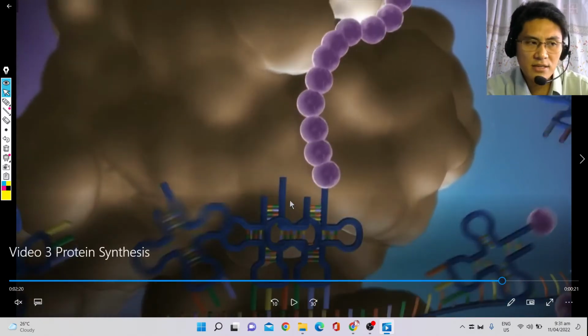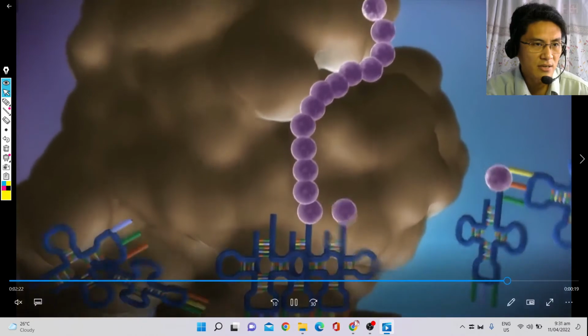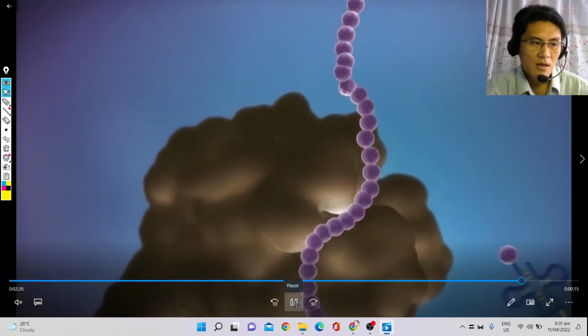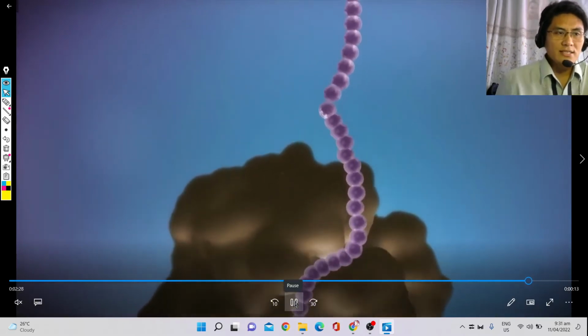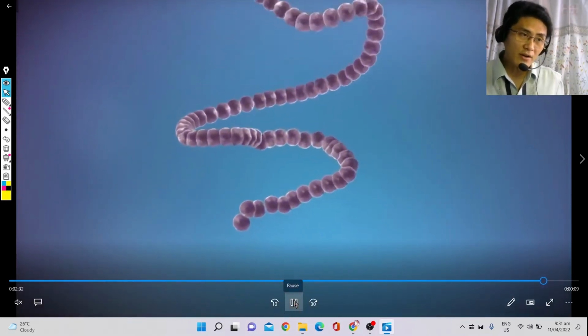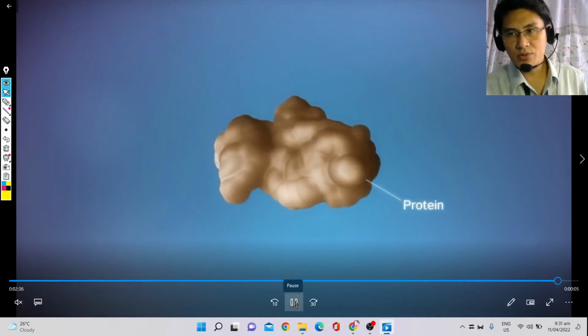The amino acid that the tRNA carries gets stitched together into a sequence. See? And then once the amino acids are stitched into a sequence, they fold together in a particular 3D shape, and now it becomes a protein.